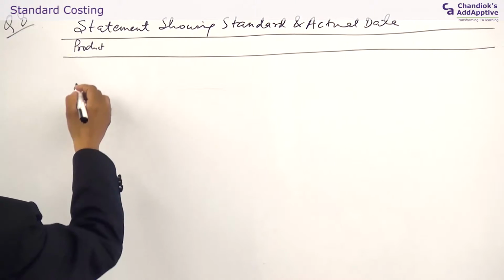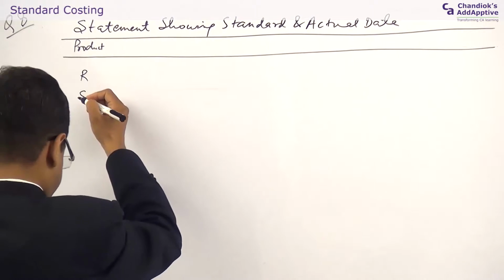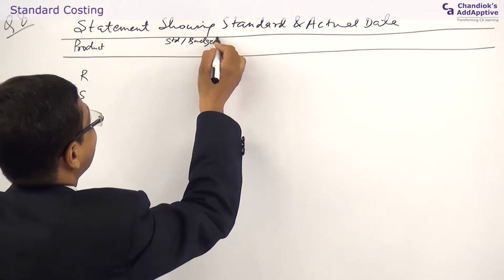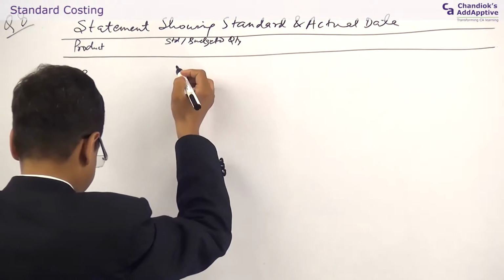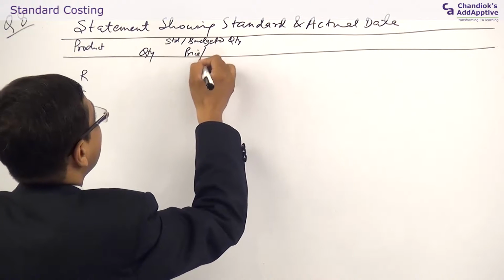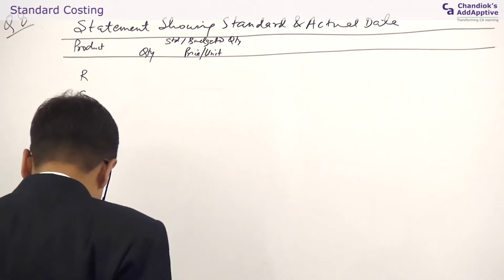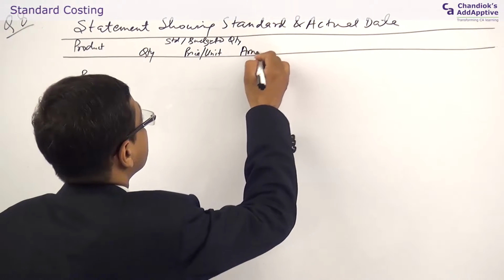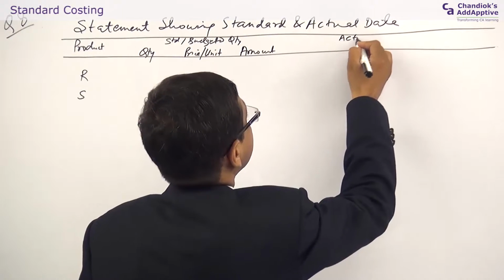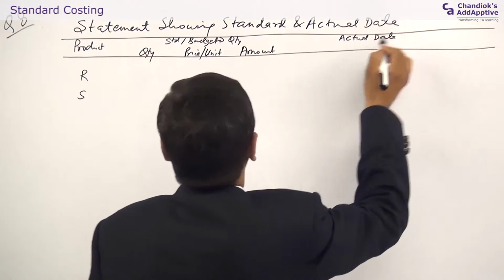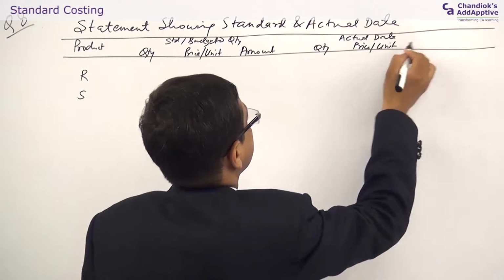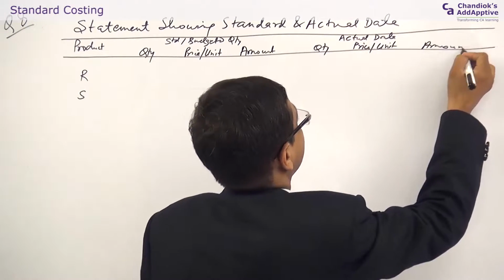So, products are R and S, standard and budgeted quantity, the quantity, the price per unit and the amount. Likewise, you have actual data: quantity, price per unit and the amount.